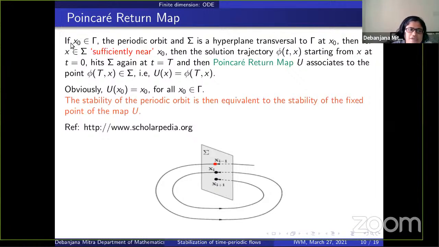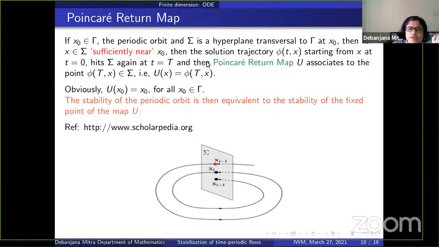It reads as follows: if x naught belongs to gamma, where gamma is the periodic orbit, and sigma is a hyperplane transversal to that periodic orbit gamma at x naught, then for x coming from this hyperplane sigma, sufficiently near to that point x naught, the solution trajectory, which I defined already by phi t of x, starting from x at t equal to 0, hits the hyperplane sigma again at time t equal to capital T, where capital T is the periodicity, if you remember, of that periodic orbit gamma.